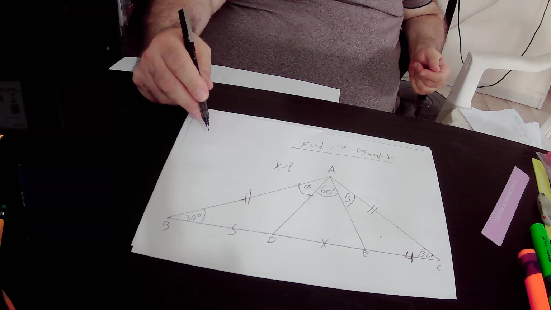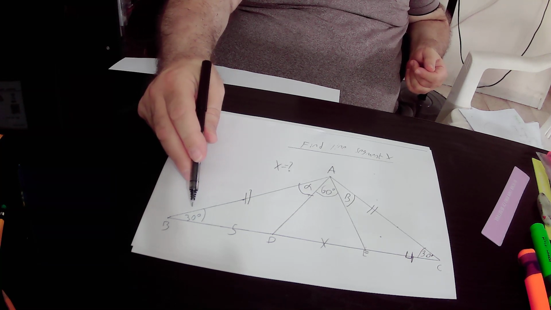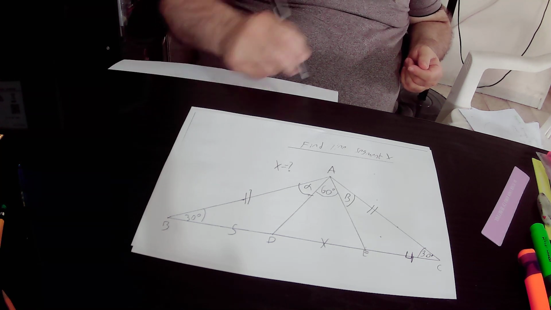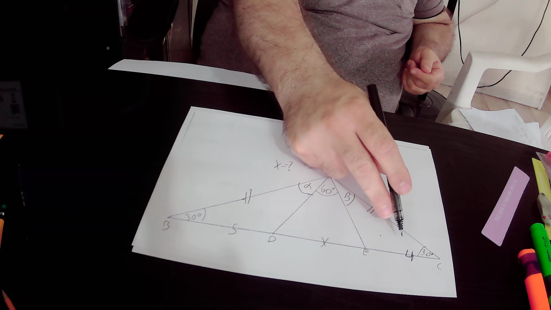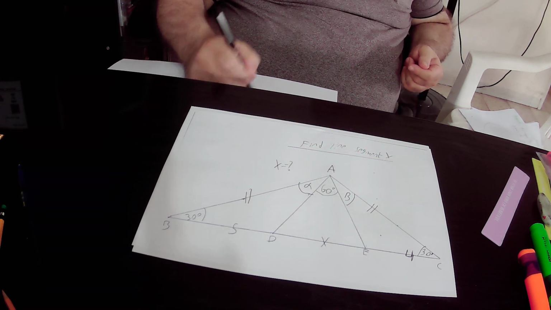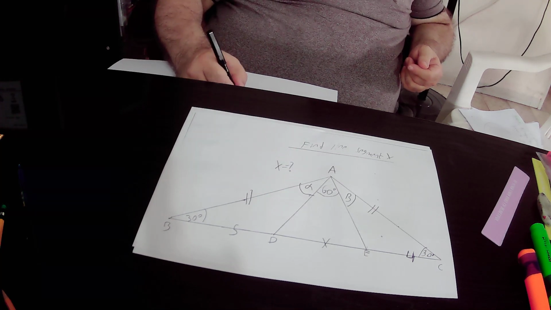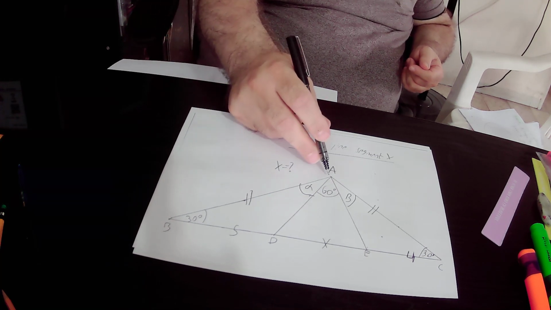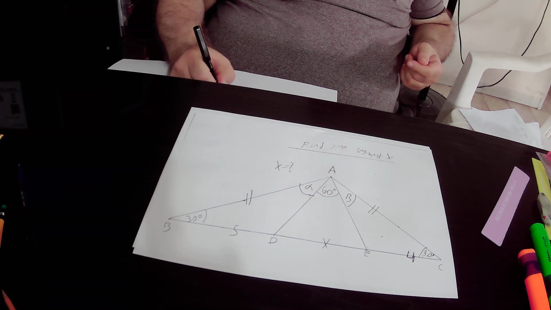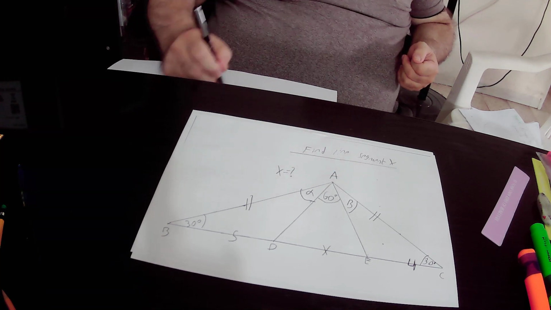So here we get this angle that is 30 degrees, plus this angle that is also 30 degrees, plus this angle that is alpha according to our definition, plus this angle that is 60 degrees according to what is given in the question, plus this angle that is beta according to our definition.